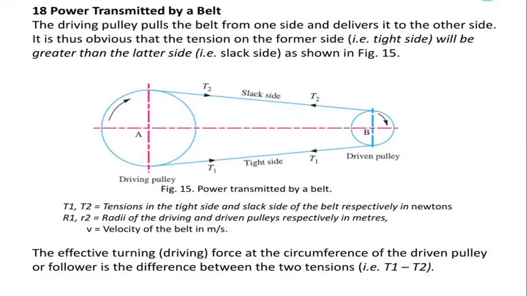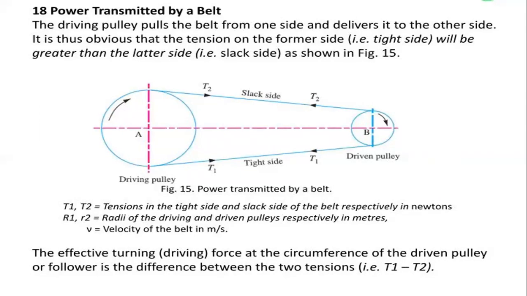In flat belt drives, we are going to see how much power is transmitted from the driver pulley to the driven pulley. For this, you have to check whether it is transmitted at full efficiency or not.